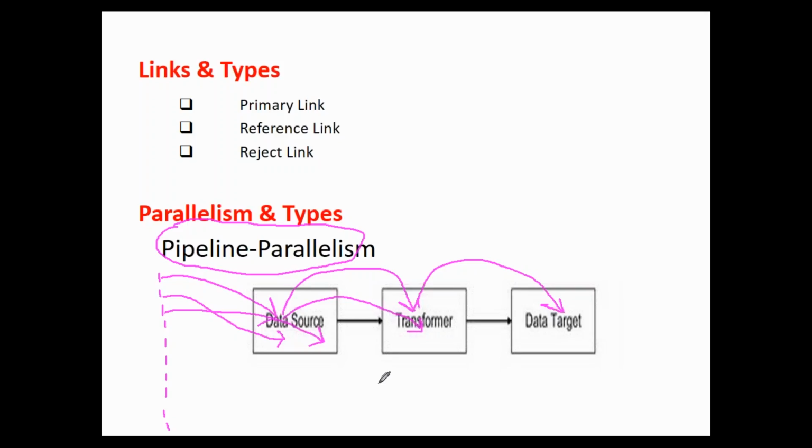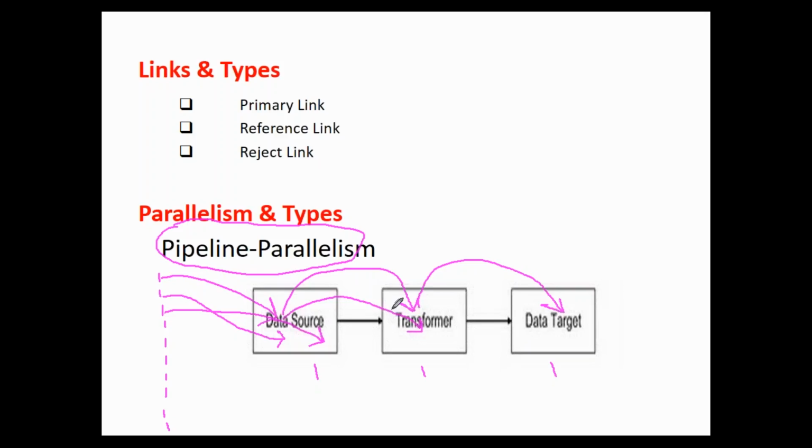So if you see, at any point of time, each stage is executing independently. Each stage is processing one record, so three records are processing at any point of time. This is called pipeline parallelism. It means, for example, if you are processing the first record, until it completes, these stages are not going to be idle.